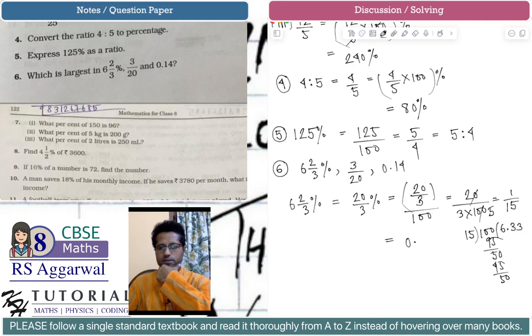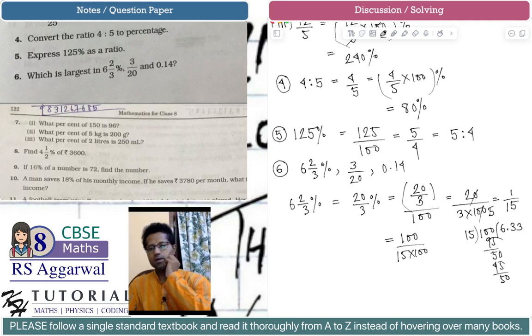Now how do you convert a fraction to a decimal? 1 by 15 is equivalent to 100 by 15 divided by 100.